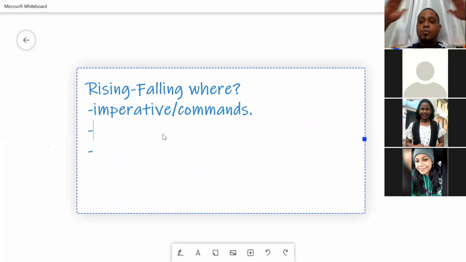There is a general term for this type of sentences that is not imperative and is not a question. Guys, make sure you take notes, because if you don't know this, you're going to have problems in the final exam.